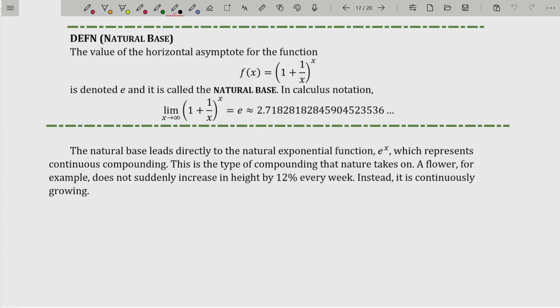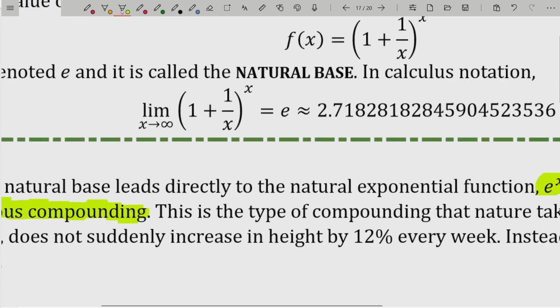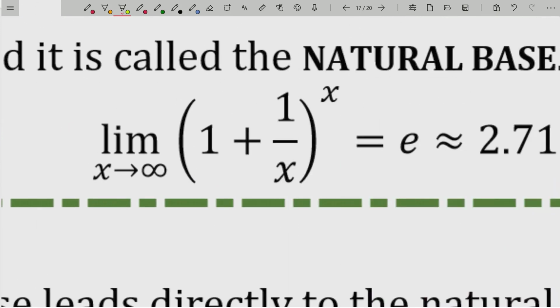The natural base leads directly to the natural exponential function e to the x. I'll highlight that there. Which represents continuous compounding. This represents what would happen if instead of having some investment go 12 times a year, we might want to have that investment go daily, 365 times a year, get interest, right?